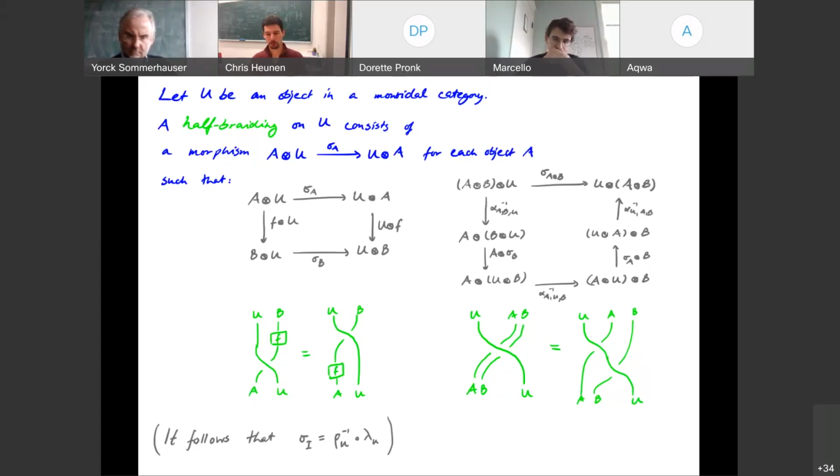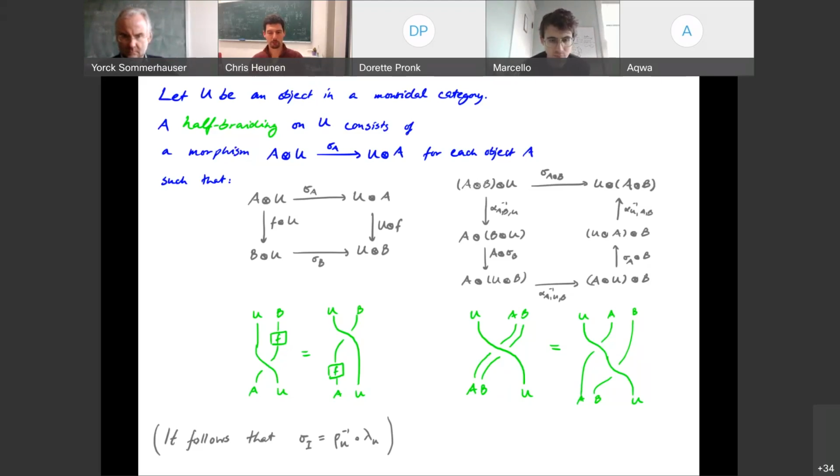And it follows from these requirements, and this is a fun little proof that you can try if you want, that the tensor unit always has a half braiding on it that you can build as follows.